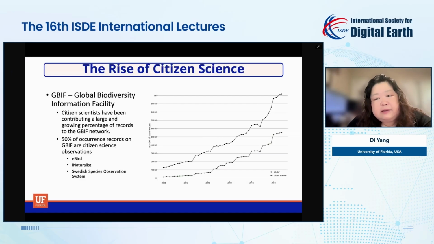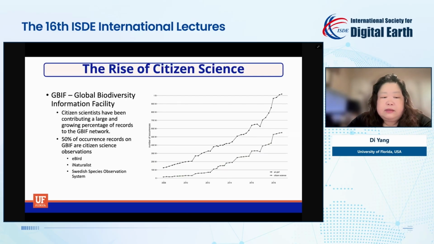By the year 2020, the number of observations had already reached a billion. And by 2016, citizen science data already contributed more than 50% of the whole biodiversity database. That is a very large contribution to environmental monitoring data.